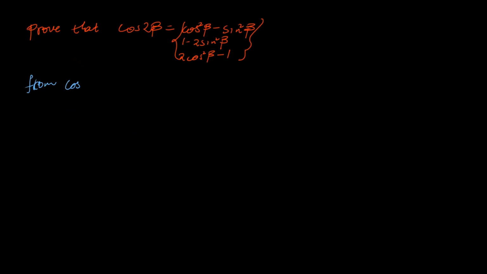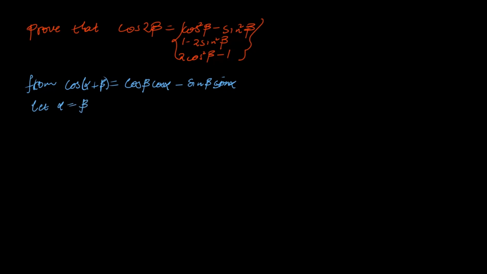from cos into alpha plus beta, it's equal to cos beta cos alpha minus sine beta sine alpha. You simply let alpha be equal to beta.